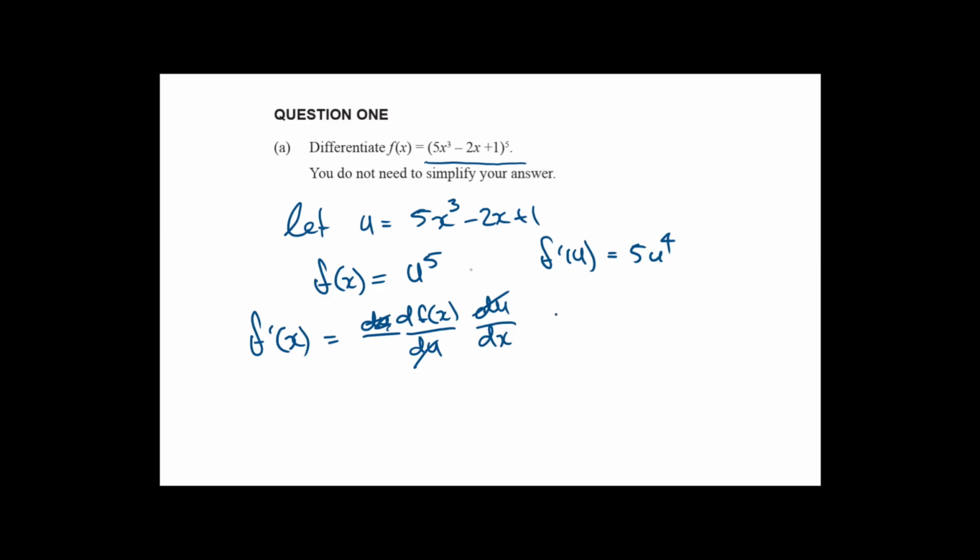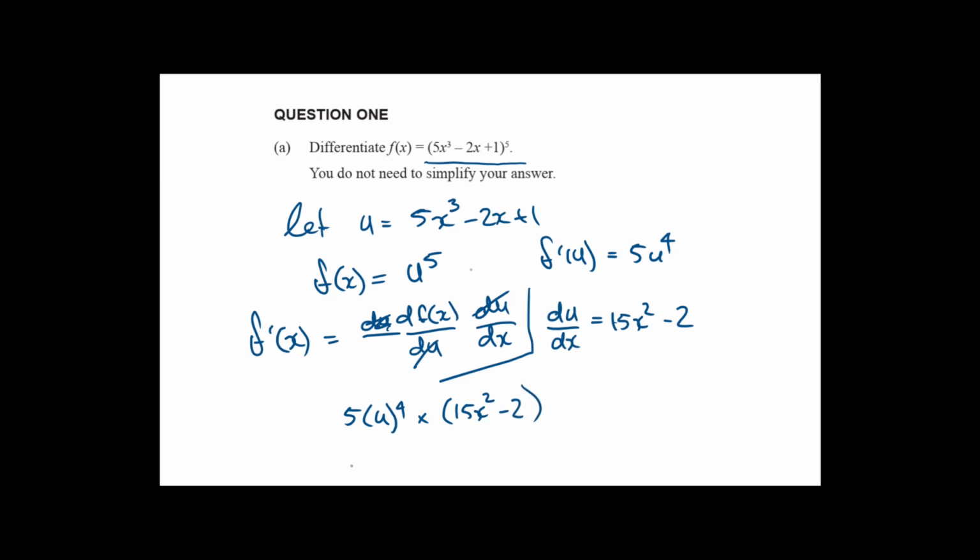When we differentiate u with respect to x, and I know that I'm mixing up the notations here a bit, I prefer Newtonian notation, I just do. When we differentiate this thing here, we're going to get 15x squared minus 2. So when we multiply them together, we get 5u to the power of 4 times 15x squared minus 2.